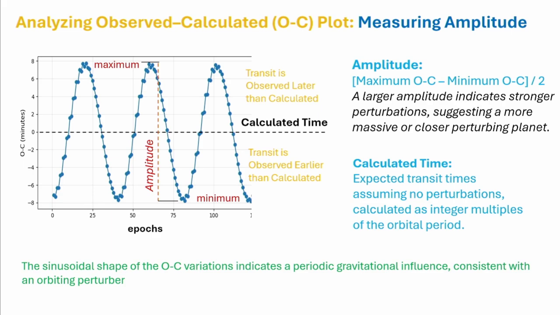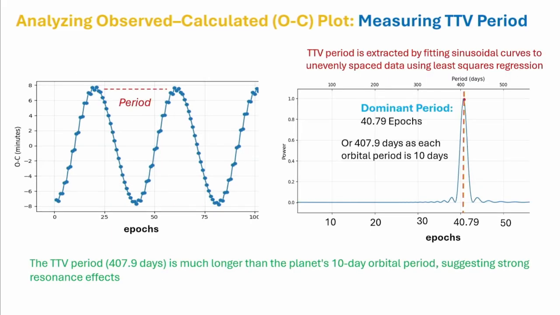Next, amplitude is not the only thing we can calculate. We can also calculate the period of these curves, because as you might have noticed, they're very sinusoidal. So to do this, I used a method called Lomb-Scargle, which is basically fitting sinusoidal curves to this data using least squares regression.